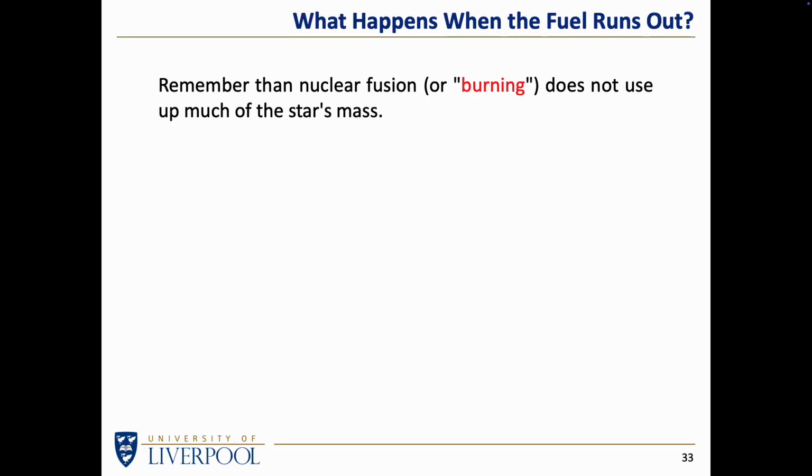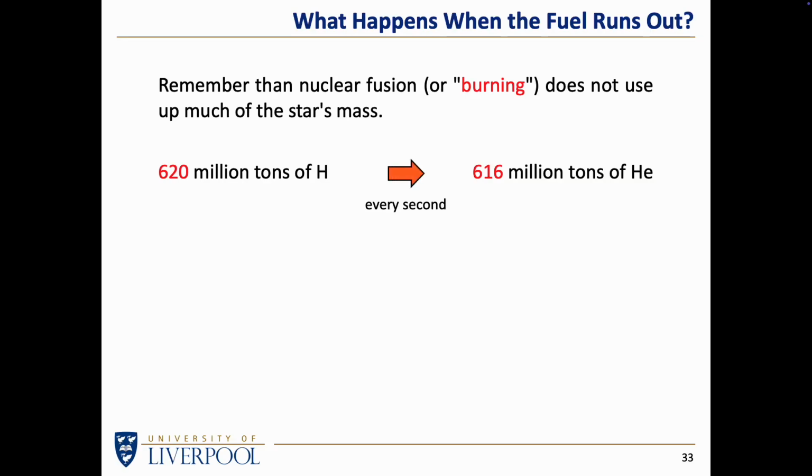So we're talking about nuclear fusion, but a lot of nuclear physicists still talk about fusion as a burning process. It's not burning in the sense that coal is burning in an oxygen atmosphere, but it's still occasionally called burning, as in burning hydrogen to make helium. It's a nuclear process, but that word is still used rather loosely in this particular context. And remember, this is just reiterating those numbers I said earlier.